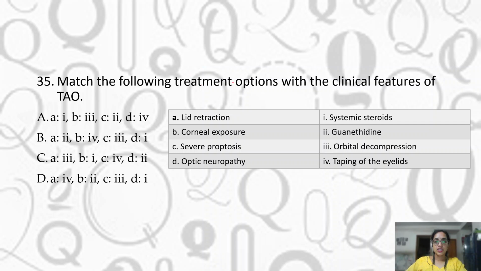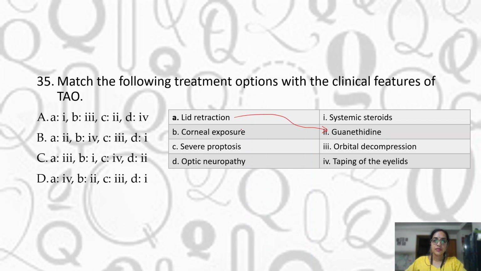Match the following treatment options with the clinical features of TAO. So lid retraction. Okay, lid retraction is mediated by sympathetic overaction. So the right answer is guanethidine, a sympatholytic which is not used right now. I have kept this drug here because of historic interest and some old examiners might still want to test you with this drug.